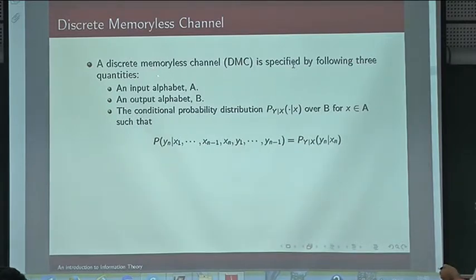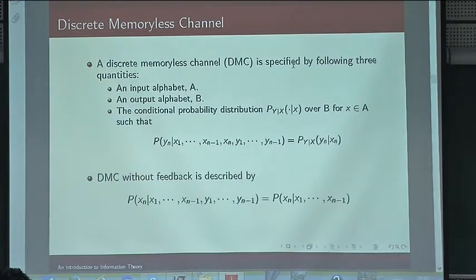How do you say that it is memoryless? It is memoryless because the probability of yn given all this depends only on yn given xn. So it has no memory, it does not depend upon xn minus 1, xn minus 2, all those things. And DMC without feedback means it does not even depend upon the y's.